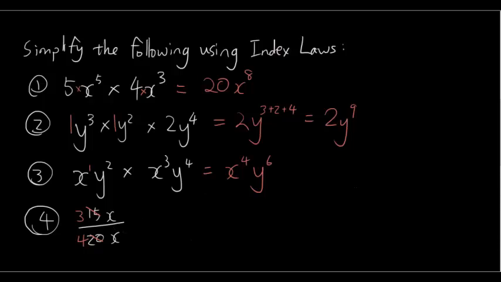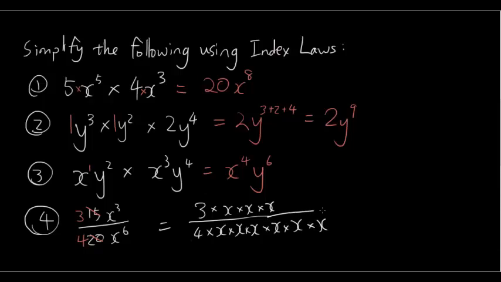So if I had, for example, 4x to the power of 6 and x to the power of 3 on the top, then what happens is, well, we got 3 times x times x times x, and we got 4 times x times x times x, 6 x's multiplying each other.